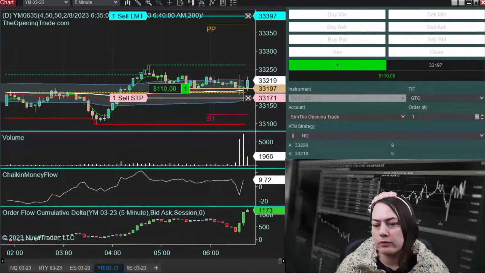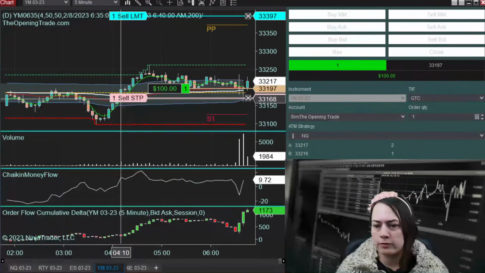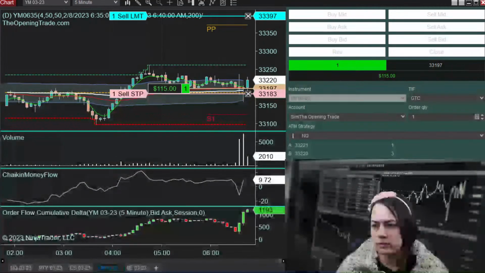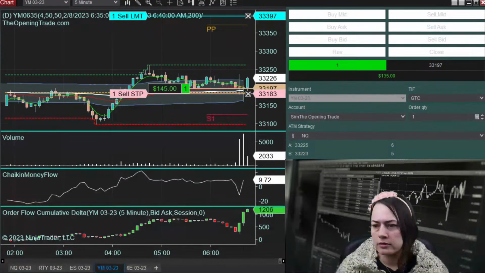So if I were to move that red line up further, which I probably will be doing right about now. So again, I am trying to close my chances of losing in this trade by moving my red bar up.